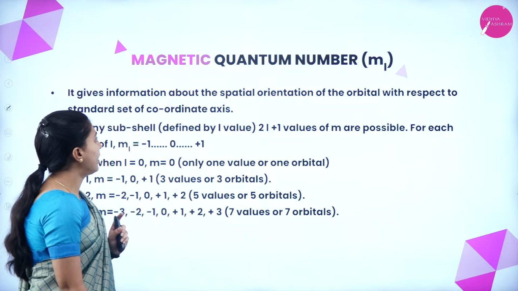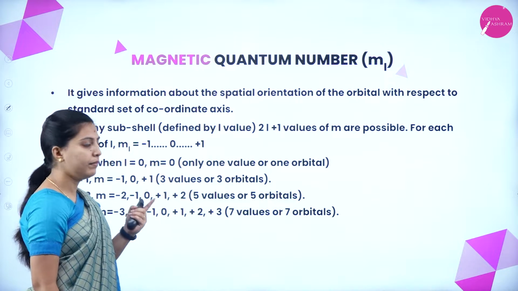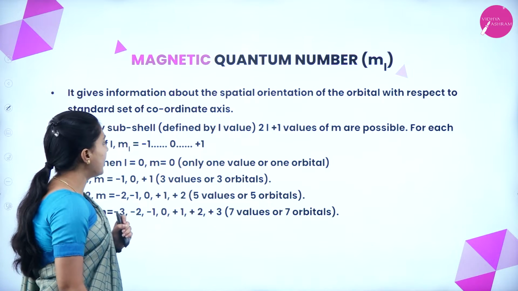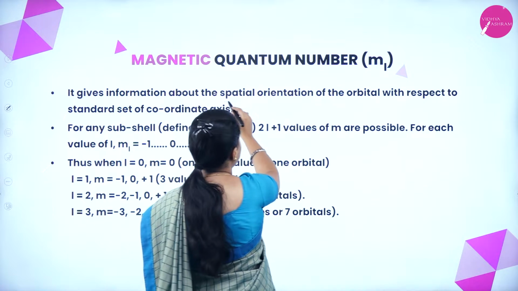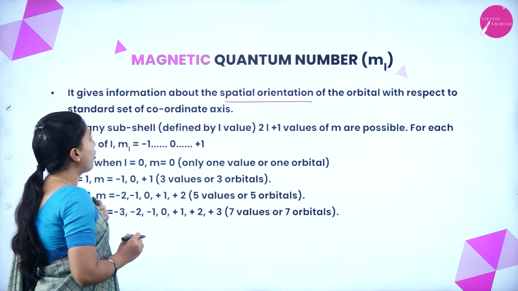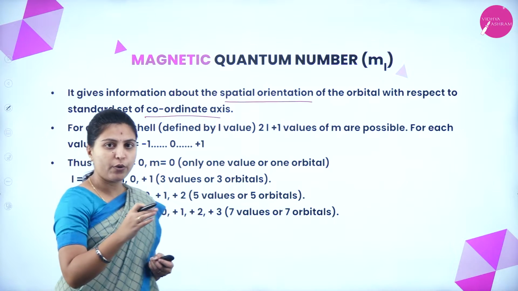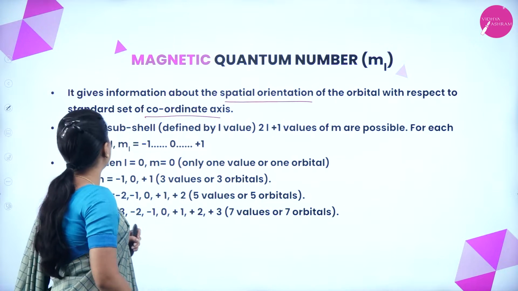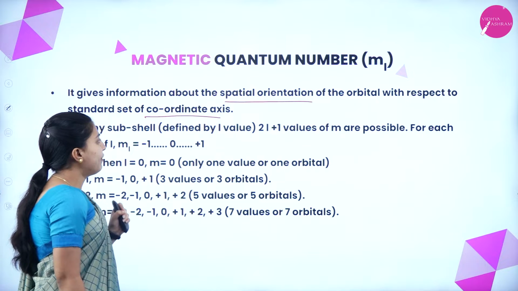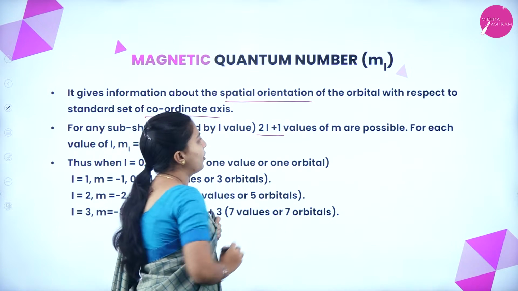Next, the magnetic quantum number, which is designated as ml. It gives information about the spatial orientation of the orbital with respect to a standard set of coordinate axes. It explains the spatial orientation of the orbital. For any subshell defined by the l value, 2l plus 1 values are possible.